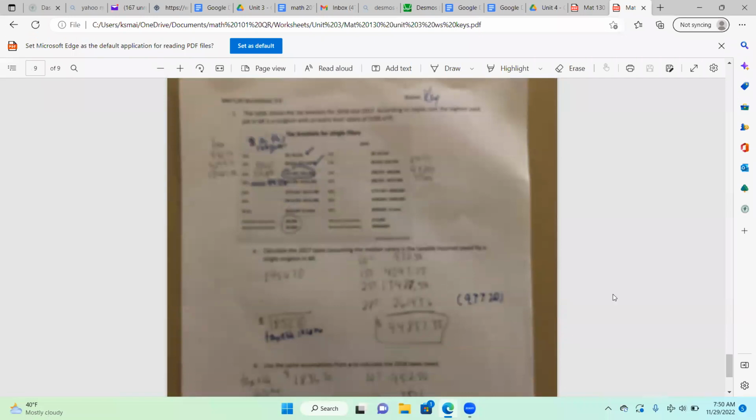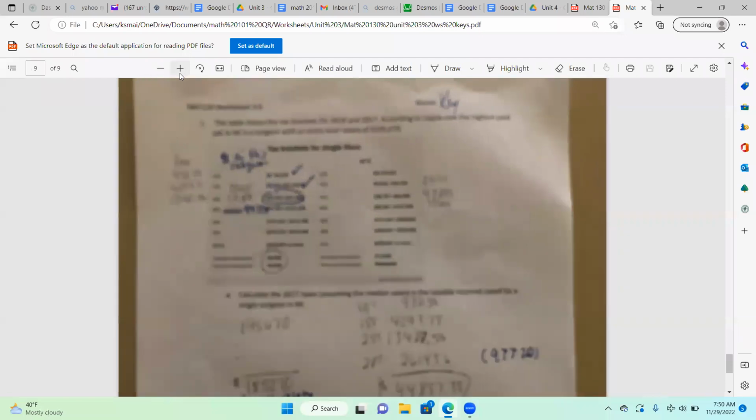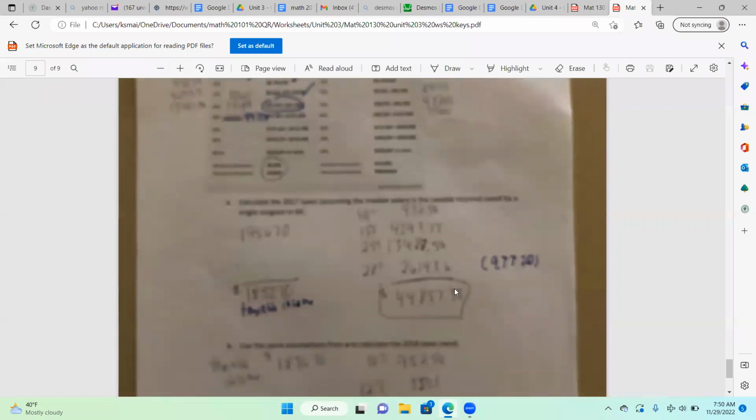The last worksheet is not scanned in very well. But if you follow the tax table, see if I can zoom in. I need to rescan that. If you follow the tax table that's on there, there's going to be a tax at 10%, 15%, 25%, and 28%. And so their taxes would be $44,857.35.